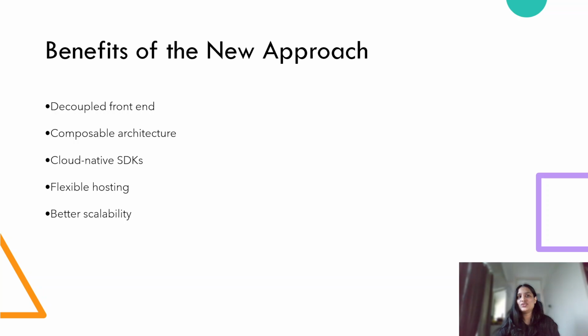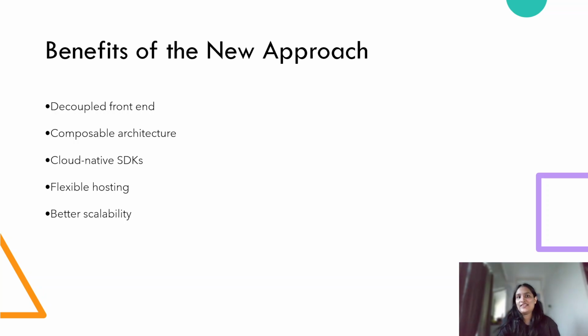You can choose your services to integrate, like if you want CDP, personalization, search, you can enable them with the Cloud SDKs. The third one is cloud-native SDKs. It fetches the content via API, REST API, or GraphQL, and experience via SDK.